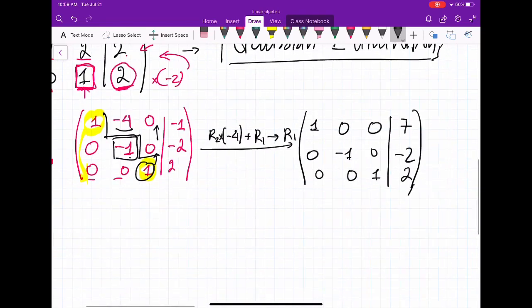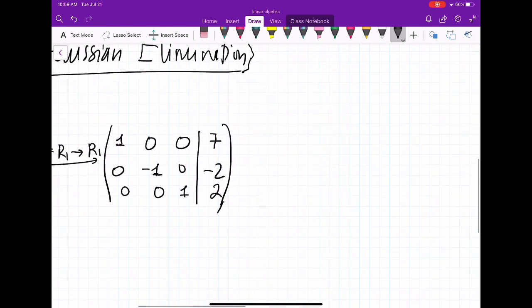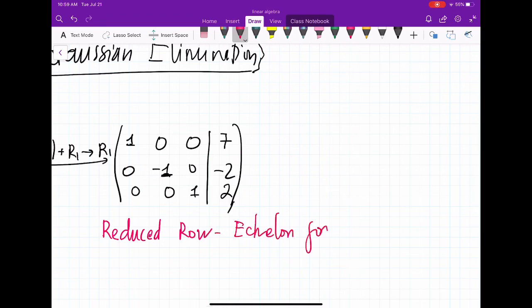Okay, so from here you already see the solution. It's a very simple form, right? So this form is called reduced row echelon form of the original matrix.